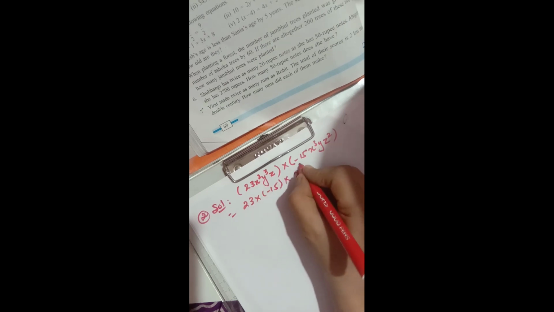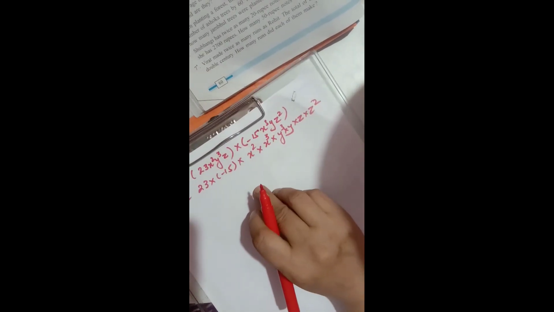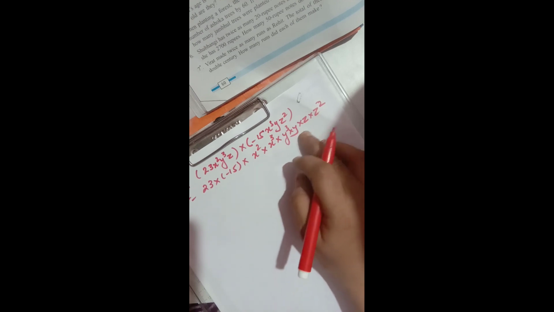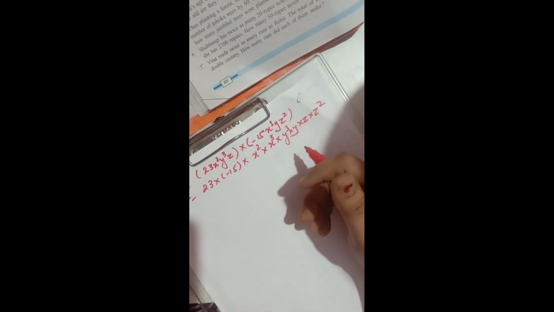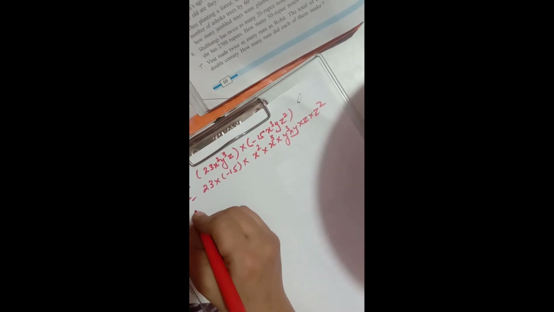So now coefficient 23 into minus 15 into x square into x raised to 3 into y cube into y into z into z square. Now here 23 multiplied by minus 15, first we are multiplying the coefficients, and we have written the like variables together.